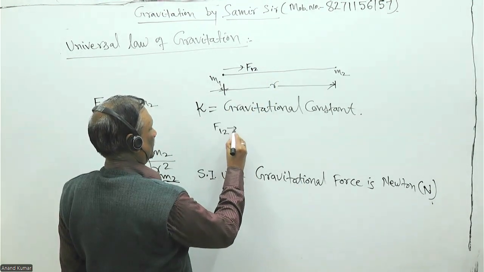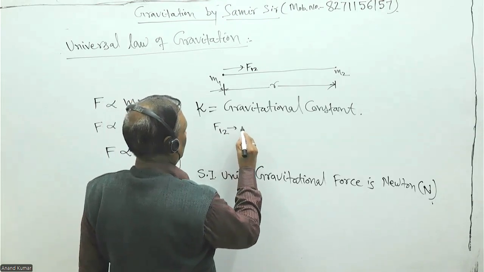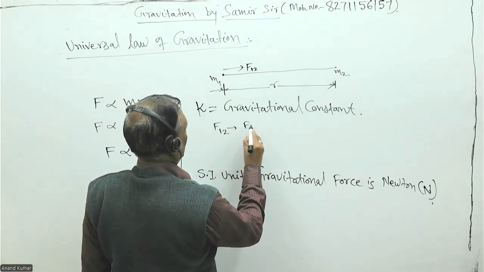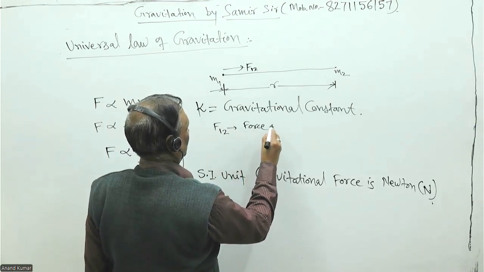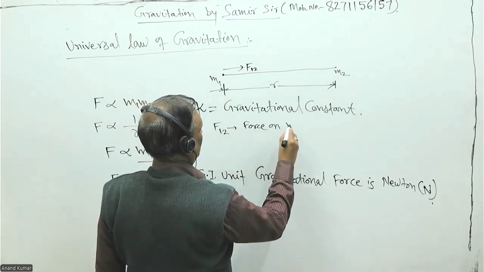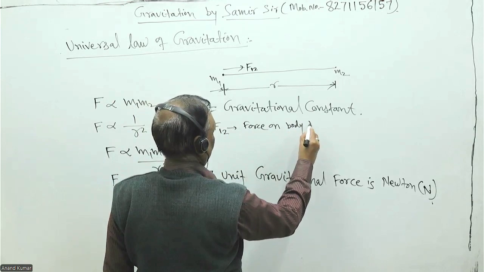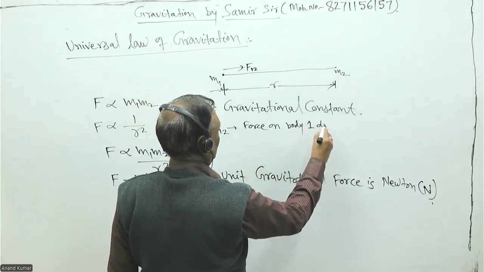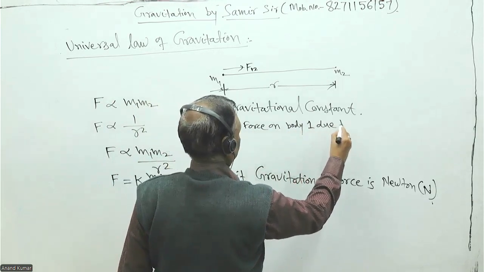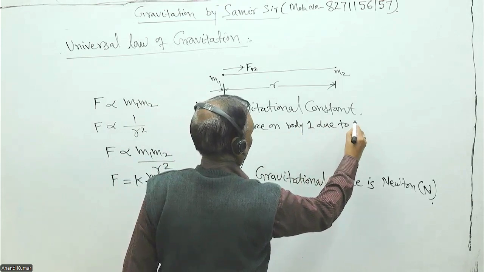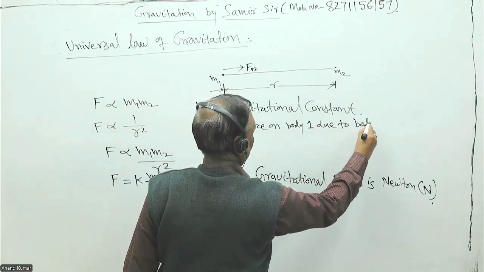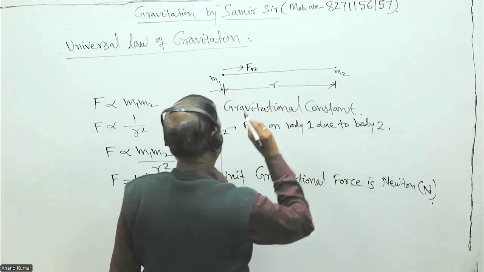F12 means the force exerted on body 1 due to body 2.